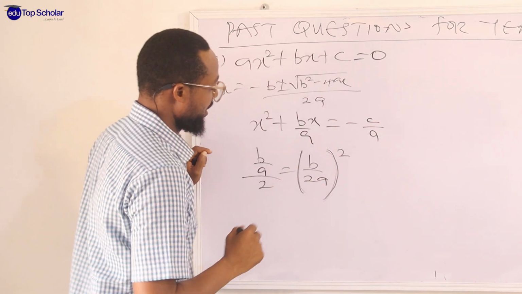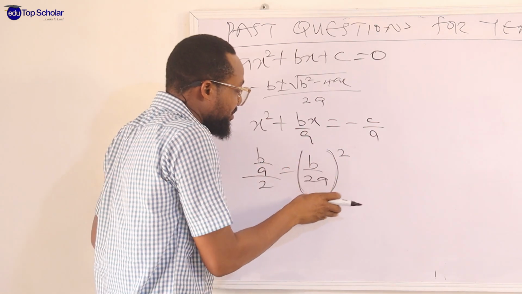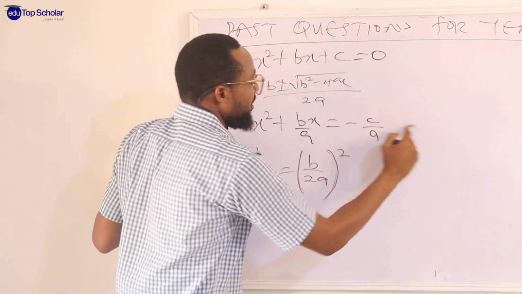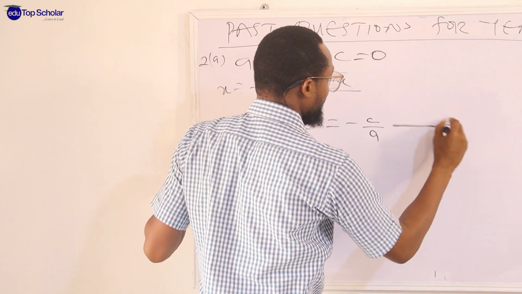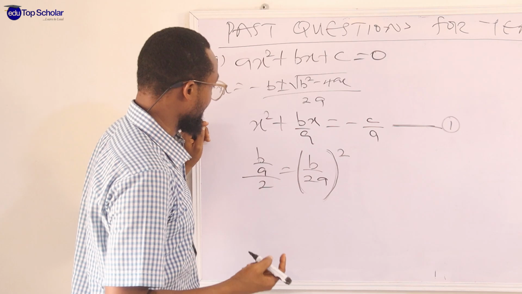Squaring this result. But the next thing we want to do now is to add this result to both sides of, let me name this equation 1, so that our work can be neat and we can easily make reference.